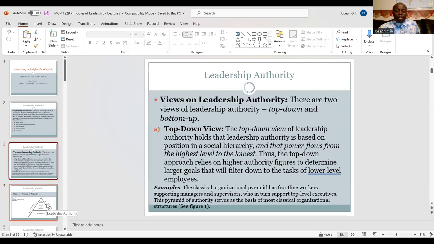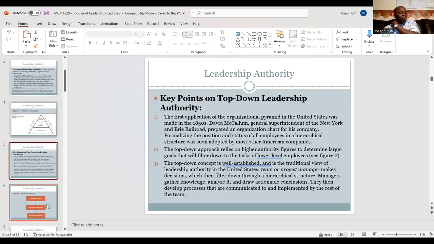So this view has the frontline workers supporting the managers and supervisors, who in turn support the top-level executives. But the power that follows that authority goes from the top-level executives to supervisors and managers, and then to the frontline workers.